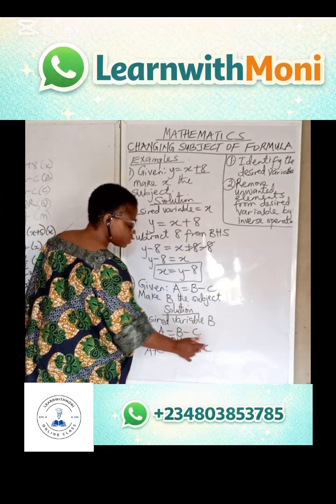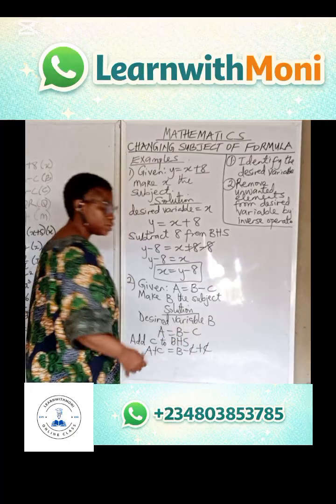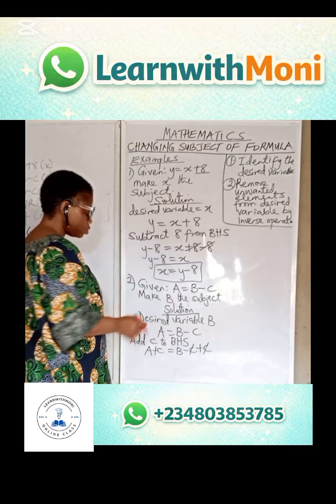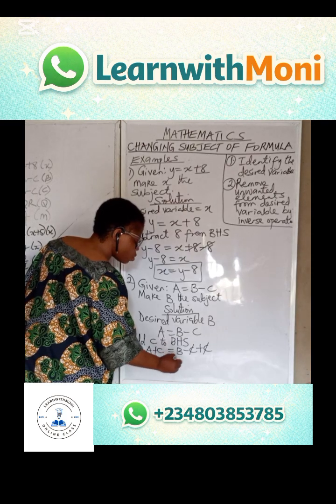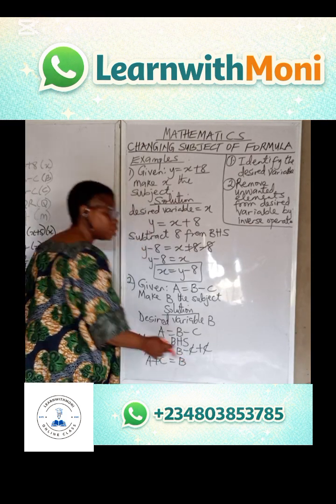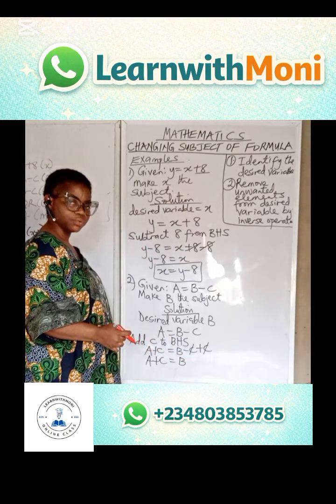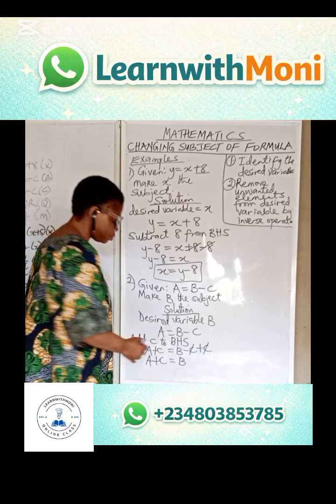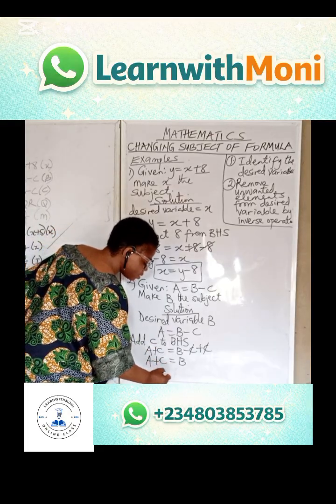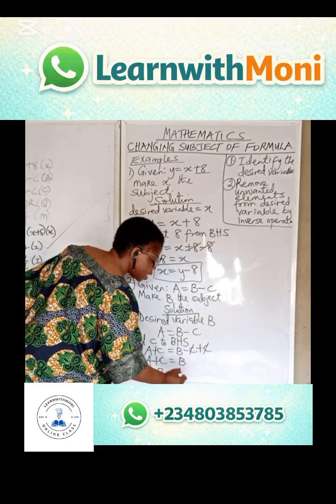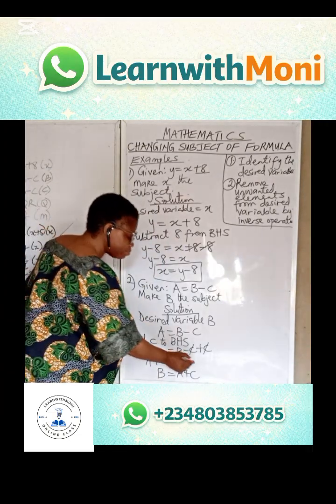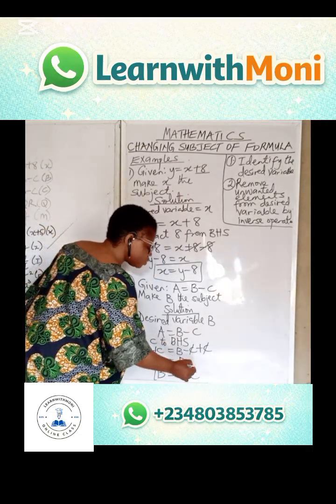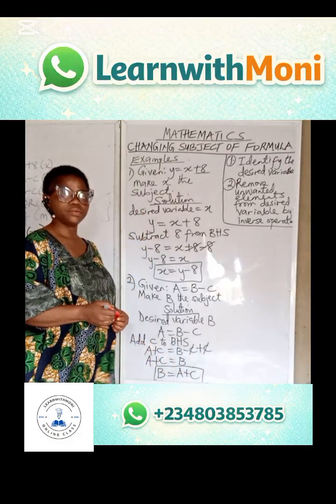Minus c plus c cancels out. They are equal to 0. So we are left with a plus c is equals to b. b is already the subject of the formula now because it is standing alone. But I'm going to rewrite it as b equals to a plus c. And with that, we have made b the subject of that formula.